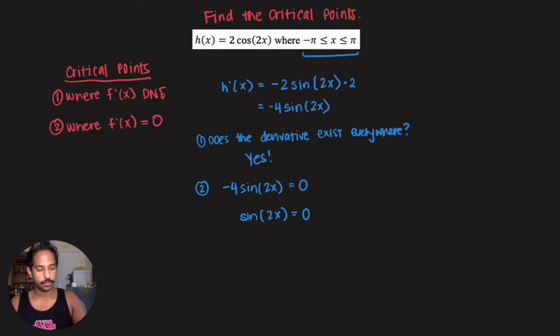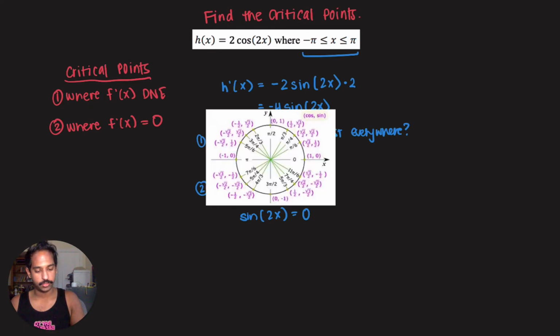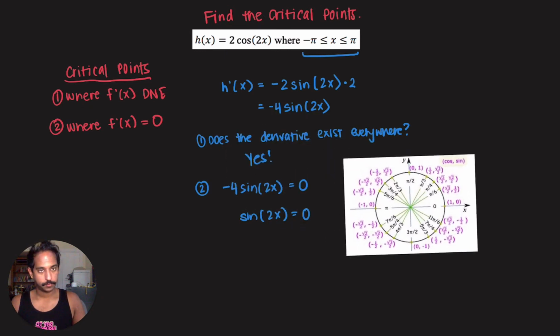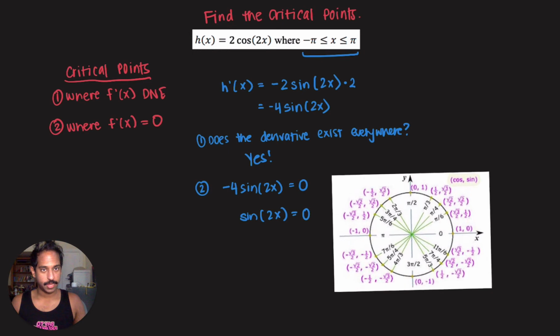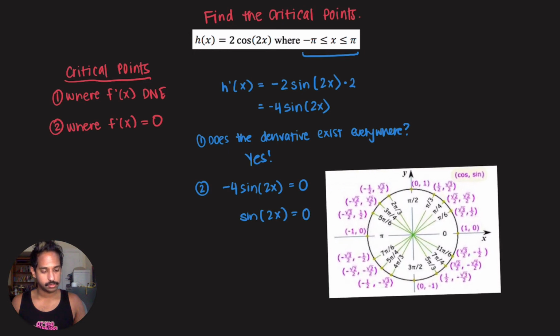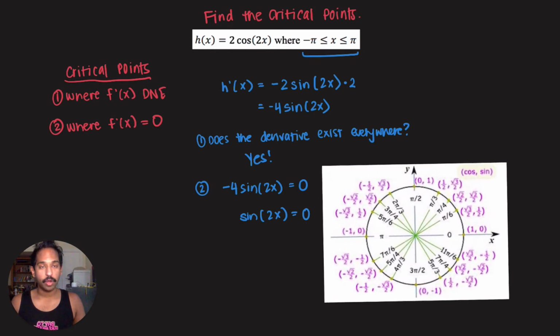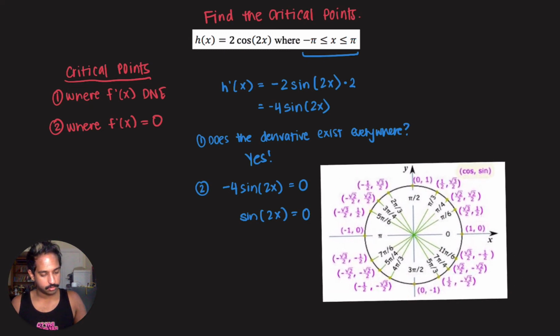And if you don't remember the unit circle, I'm going to bring up an example for us to use here. And so here we can see it's a little slanted. We want to see where sine equals 0. And I see that sine equals 0 at 0, at pi. And I also know that it's going to happen at 2 pi as well.